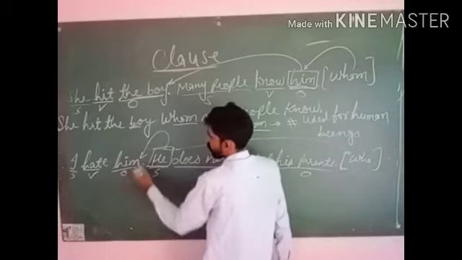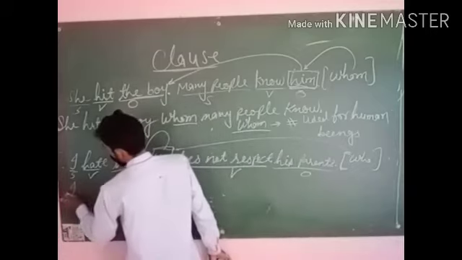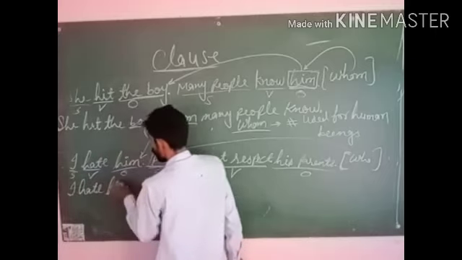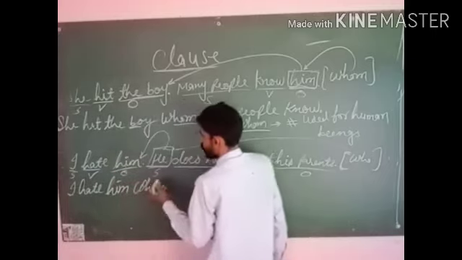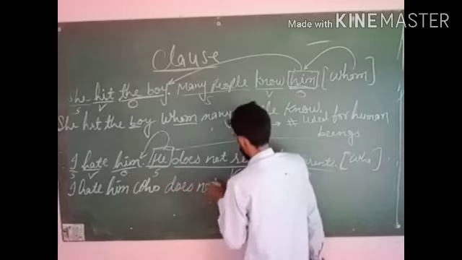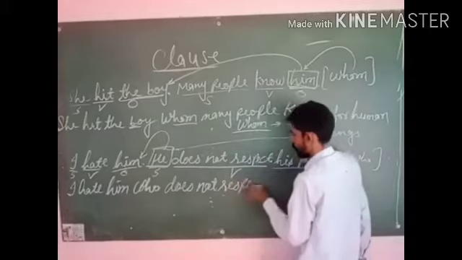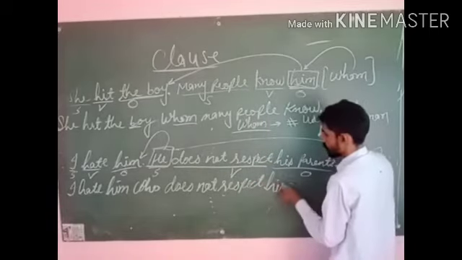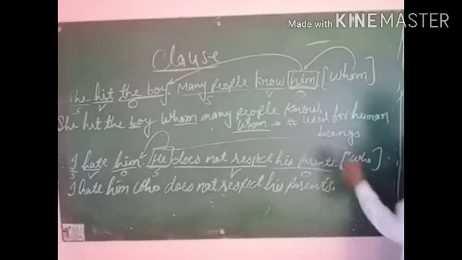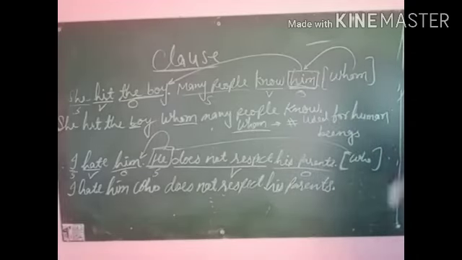He has been used for him, so we have to put it near him. So: I had him who does not respect his parents. This way we can write the answers related to who or whom.